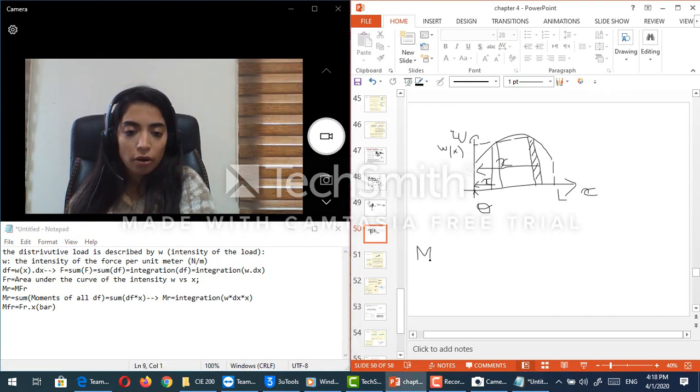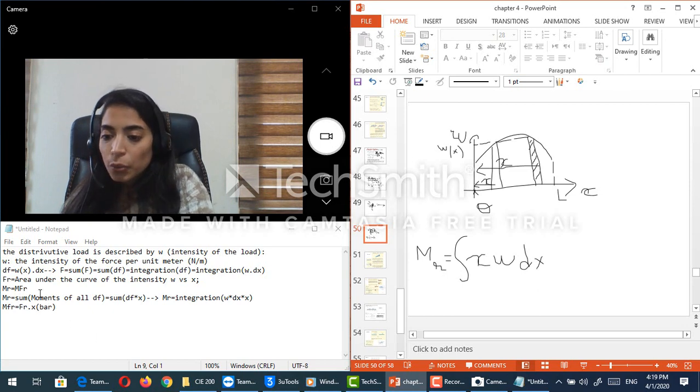So M_R is equal to the integration of, so I will put x first, okay guys? So x omega dx, omega at each x, dx.